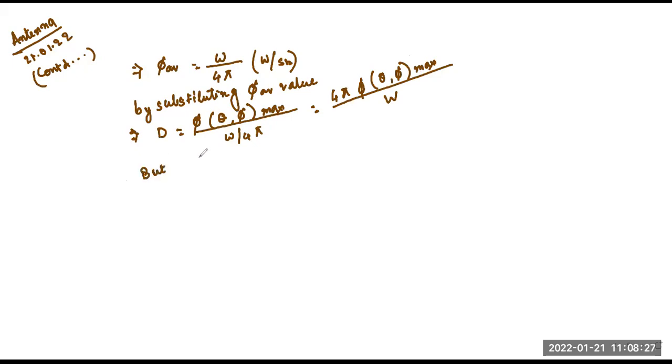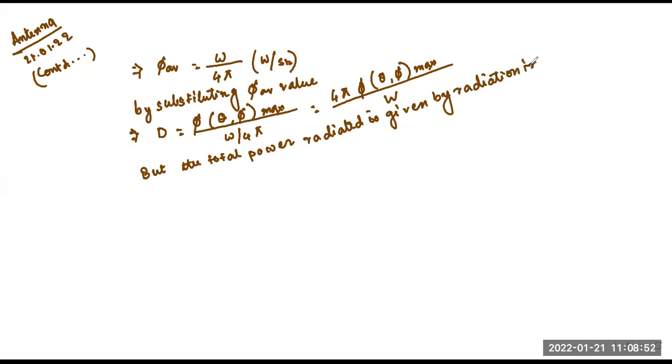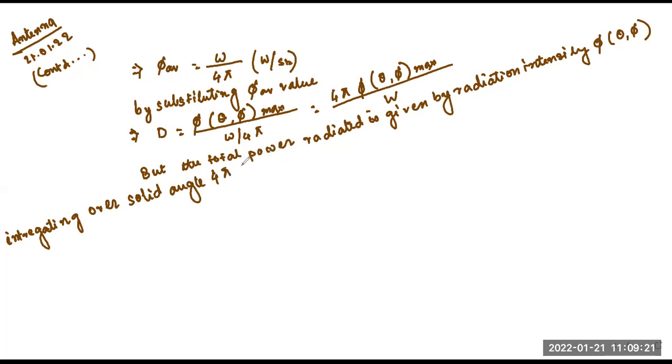But we know the total power radiated is given by the radiation intensity, that is phi of theta comma phi, integrating over solid angle 4 pi steradian.